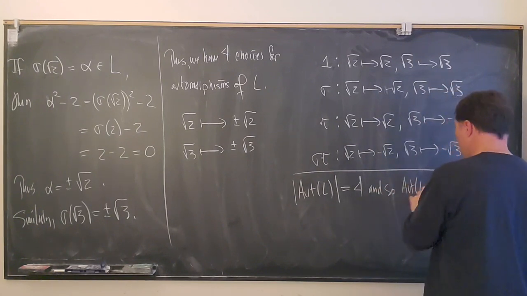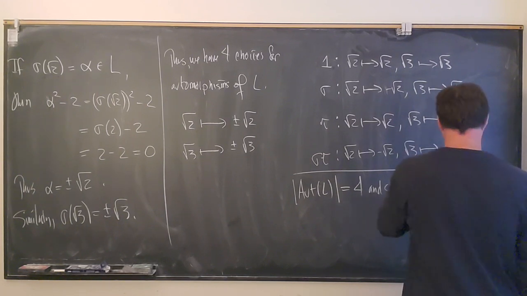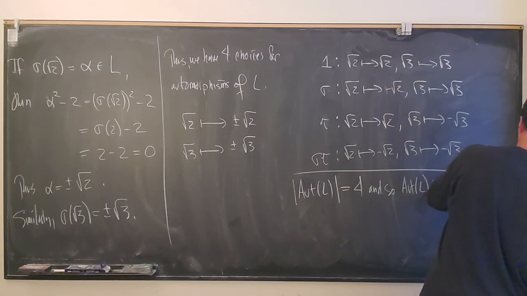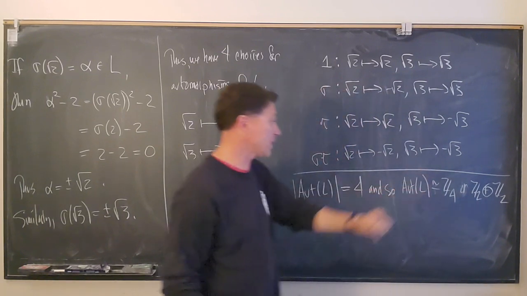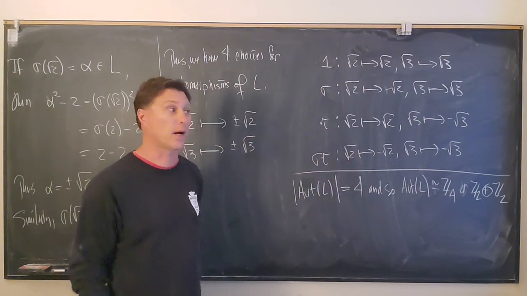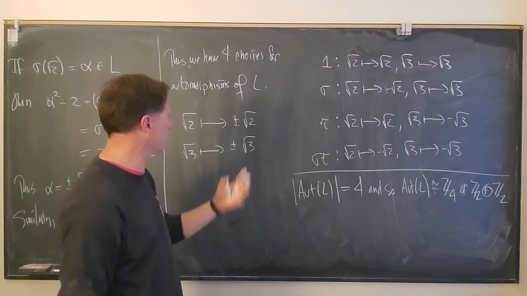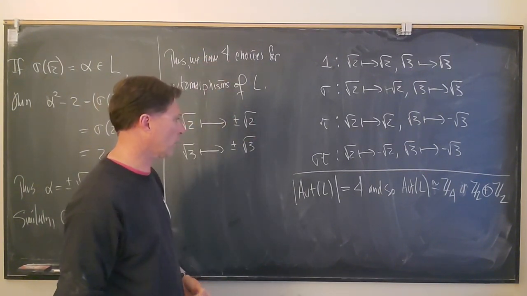Well, it's either isomorphic to Z4 or Z2 plus Z2. Every group of order 4 is either the cyclic one or the non-cyclic one. So those are our 2 options. Okay, so then the question is, which one do we have here? Got a group of order 4.